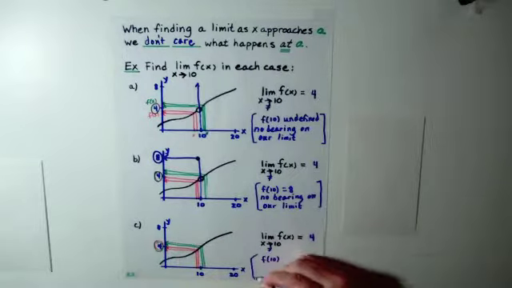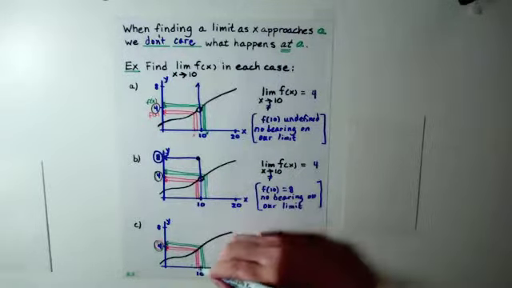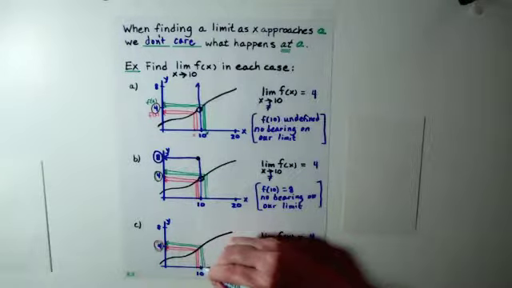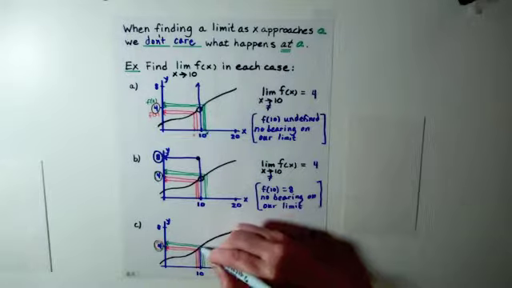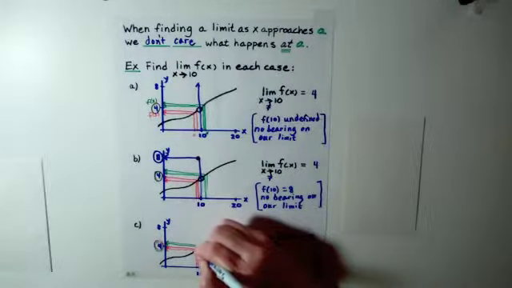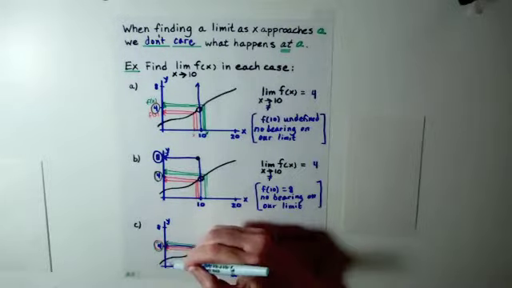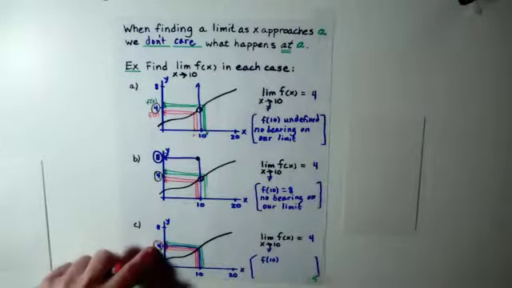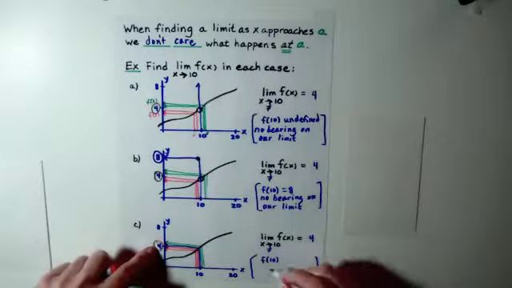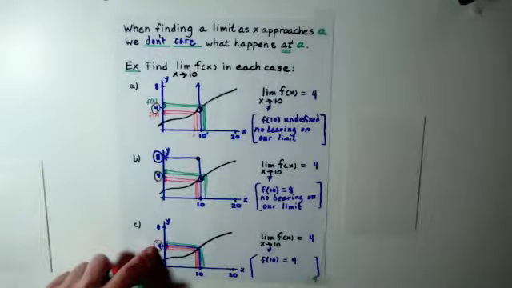So again, this is just sort of an extra question on the side. Well, to find f of 10, I would plug 10 into my function by going up vertically to the graph. I hit the graph right here at this point. I go over to the y-axis, and I happen to get the output value 4. So f of 10 is defined, and the output value is equal to 4.